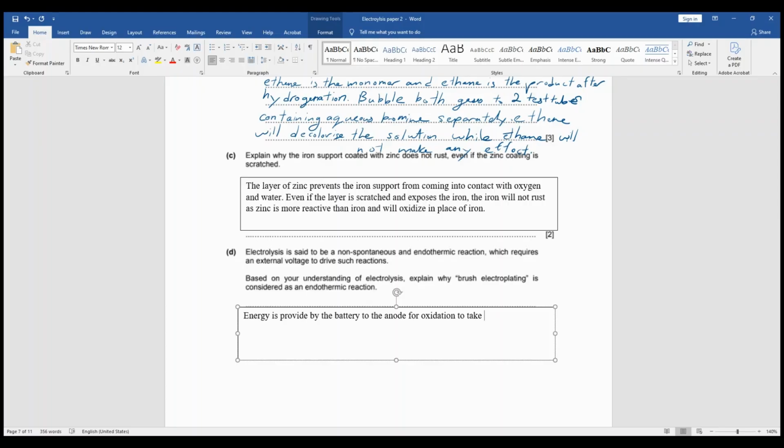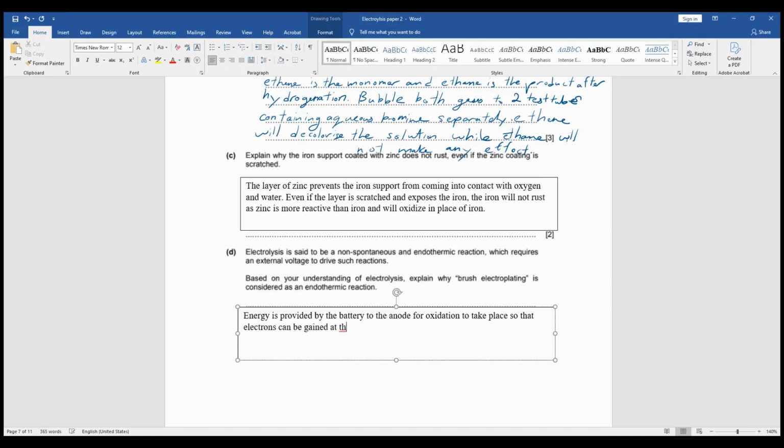So we want oxidation to take place, we provide energy, so that electrons can be gained at the cathode.